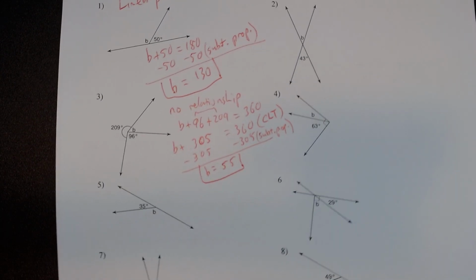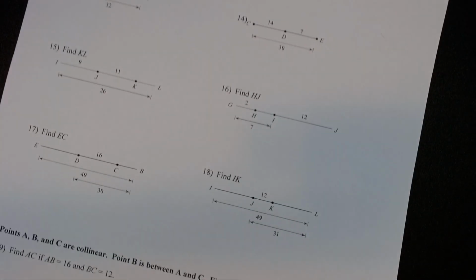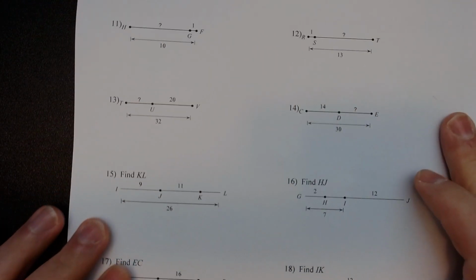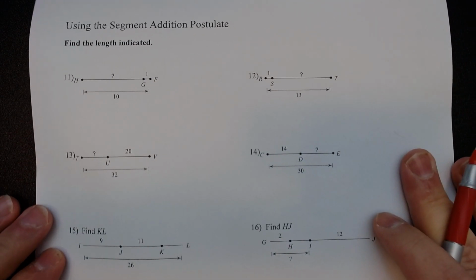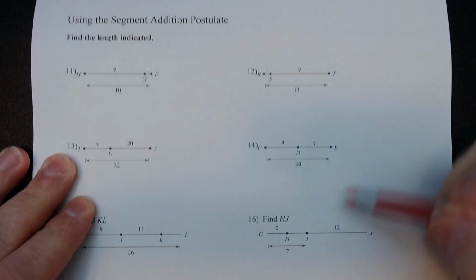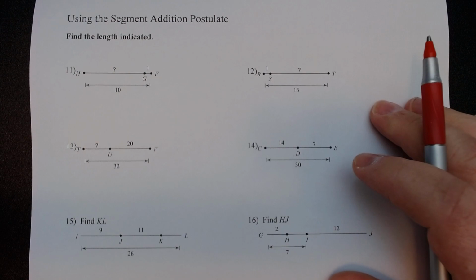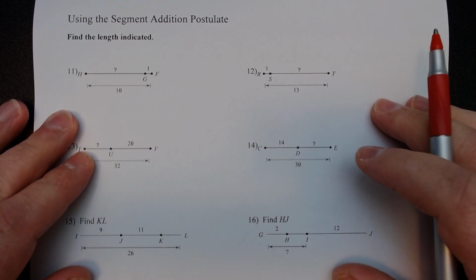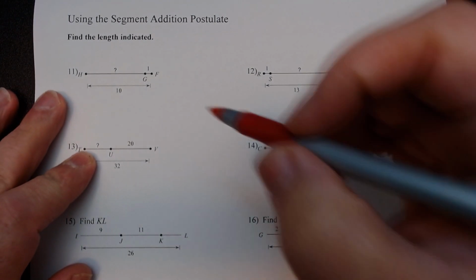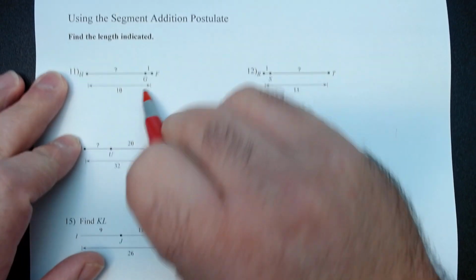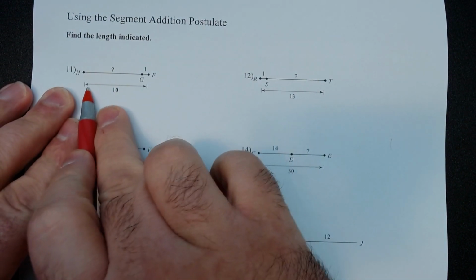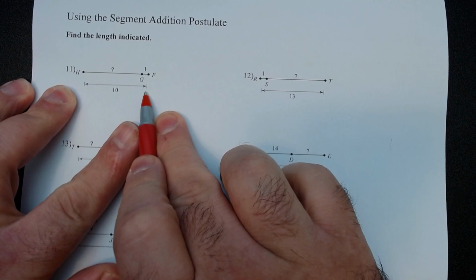And then for the second page, the back side of it, this is all segment addition postulate. That's why I'm not asking you to write down which property or which postulate you're using. But you have to know that on this problem, this all the way across is 10.